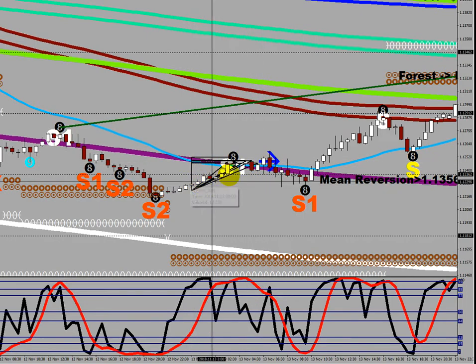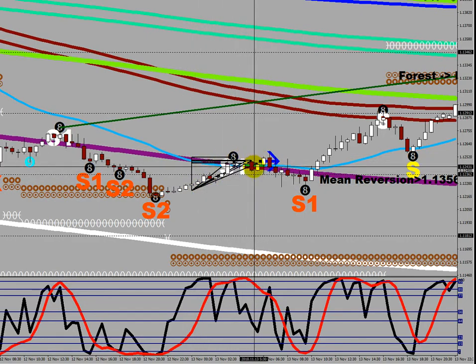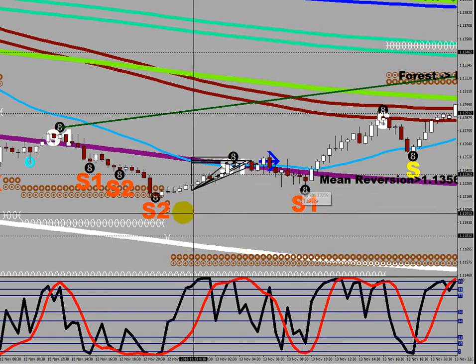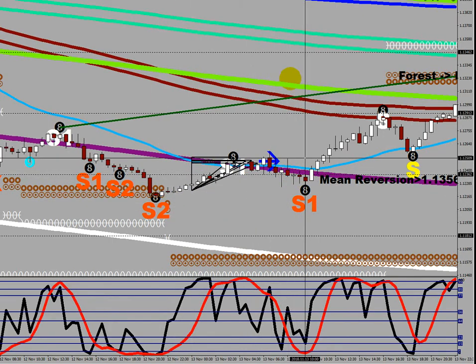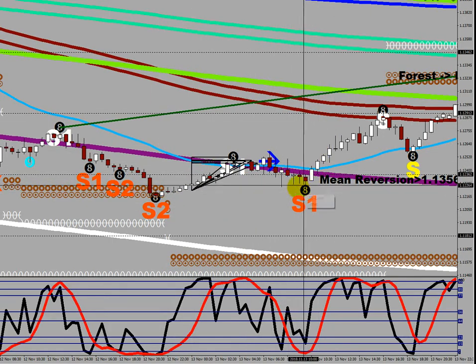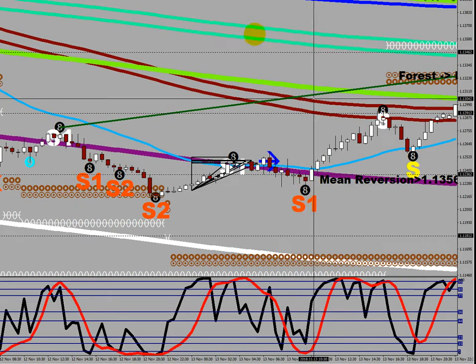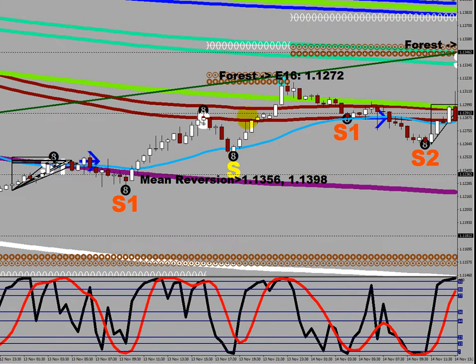You probably had an accumulation here, which made it virtually impossible for it to break lower, and this was where the move up started. My mean reversion signal was a little bit late, you could say, but what would you have missed out on?